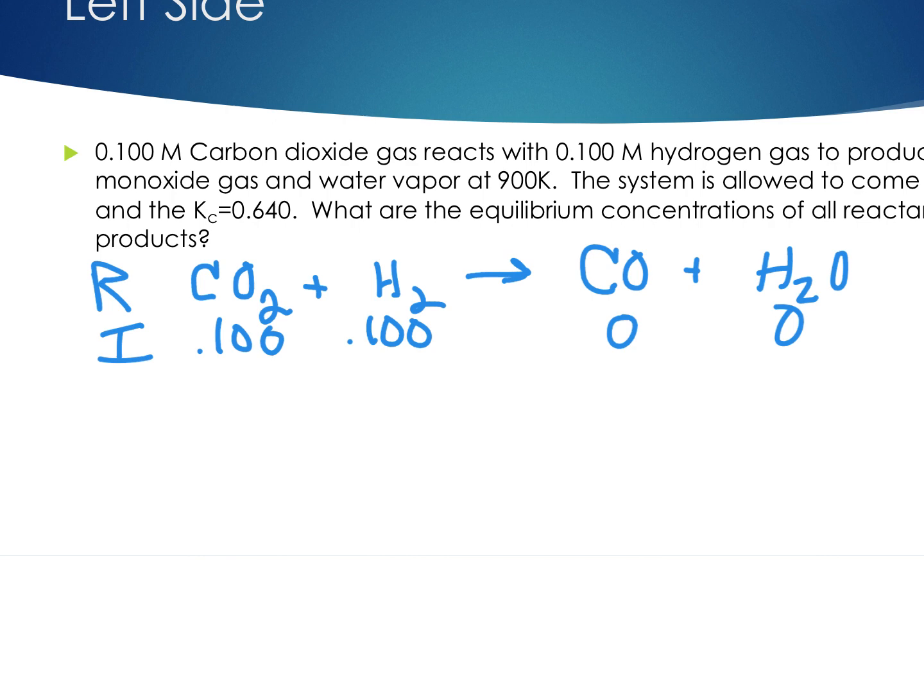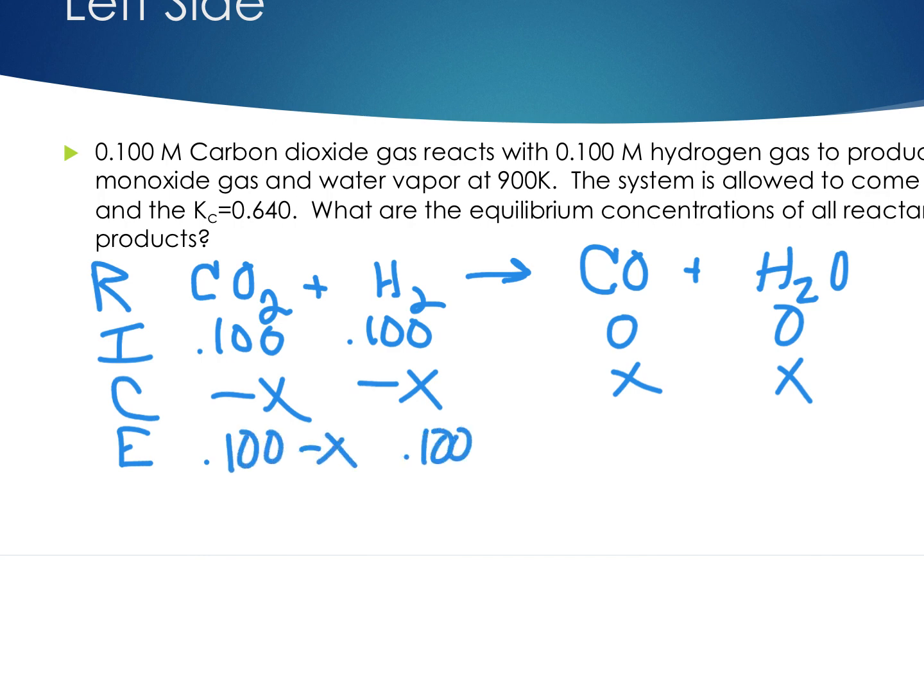All right, change. As this reaction moves forward, CO2 is going to go down by some amount x, and H2 is going to go down by some amount x. The CO and H2O are each going to go up by some amount x, which leaves us with 0.100 minus x, 0.100 minus x, x, and x.